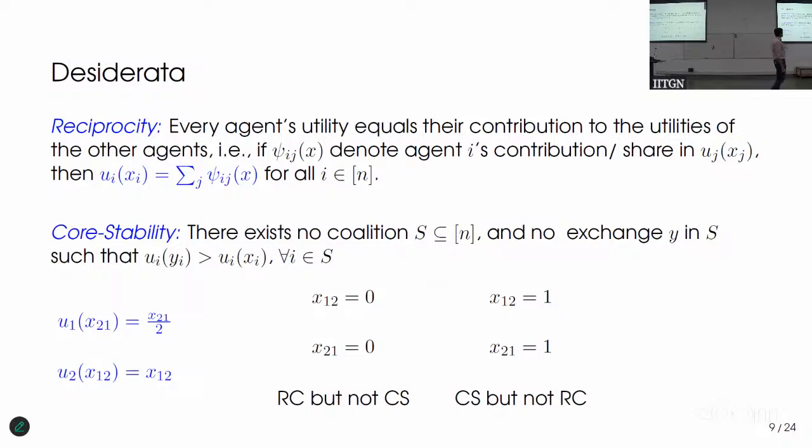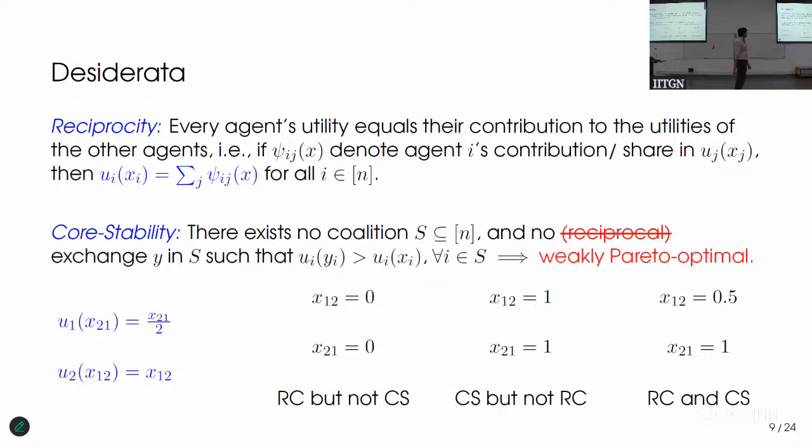So what we are aiming for is an exchange which satisfies both these properties simultaneously. And I would like to point out a small subtlety in the definition of core stability. It is subtle, but it also gives us some guarantee on economic efficiency. Notice that we do not impose any conditions on the deviating exchange. When I require my grand exchange to be reciprocal, I do not impose any such restriction on the deviating exchange.